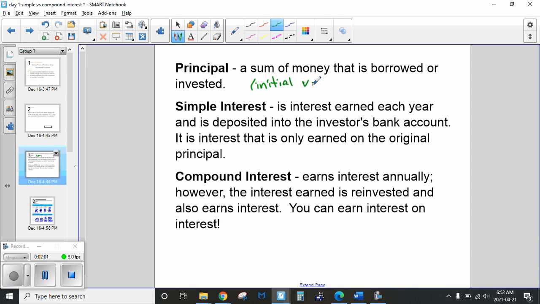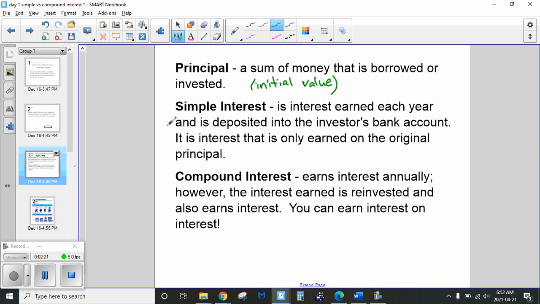Initial value, starting value. So this is either how much you put in the bank in the hopes that it will start growing interest, or the amount of money that you borrow in the form of a loan that you're going to have to pay back interest on. So anyways, the amount at the beginning.